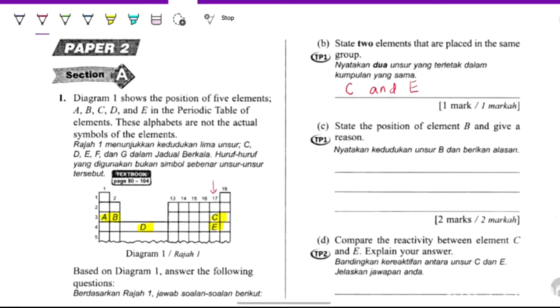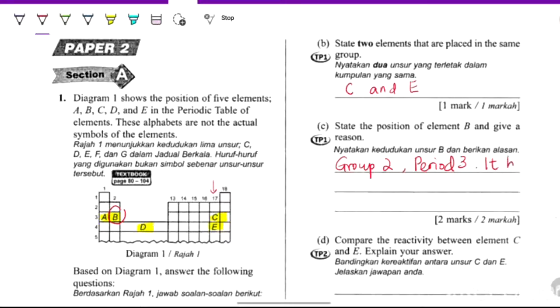Okay, state the position of element B and give a reason. So B is here, so it should be in group 2, period 3. Why is it in group 2?